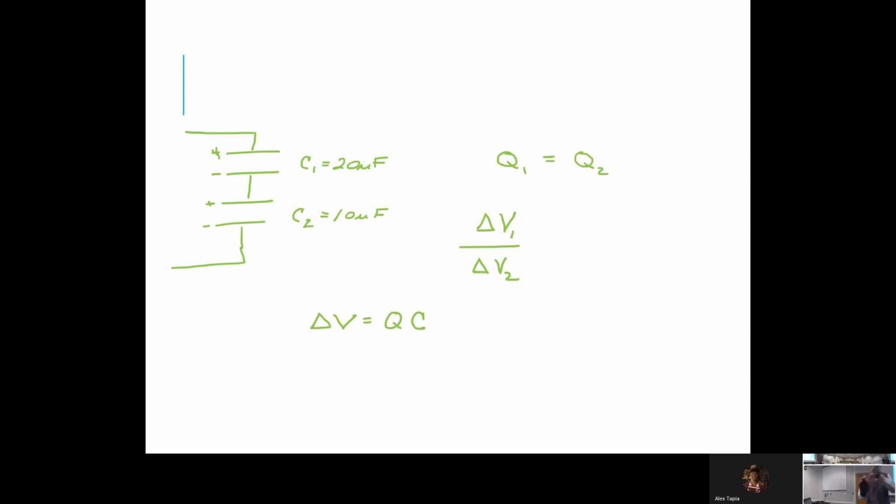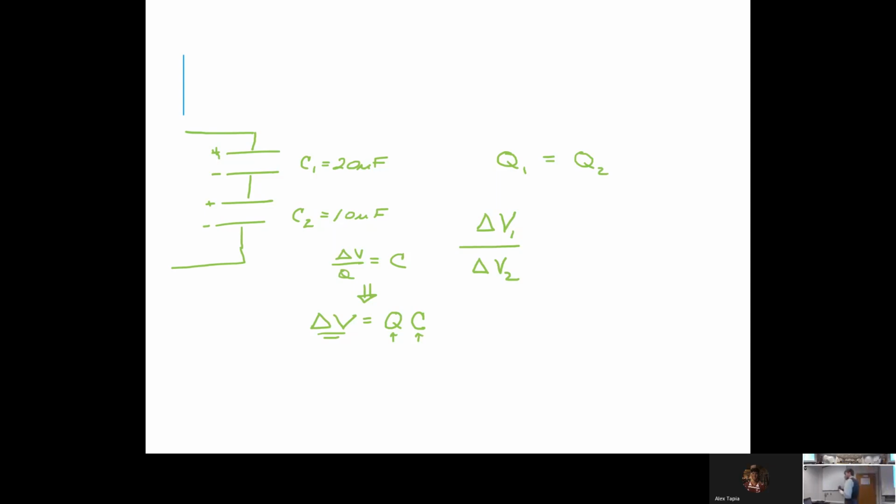I've just taken the definition of capacitance and I've moved around the Q. Okay. So originally when I gave it to you, I said, let's see, delta V over Q is equal to C. Now I'm just rewriting it. The drop across the capacitor is the charge on the plate times the capacitance.